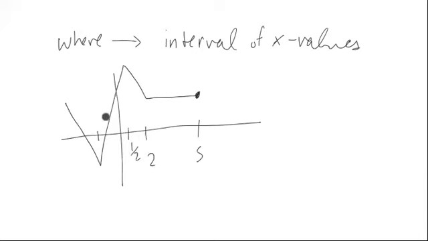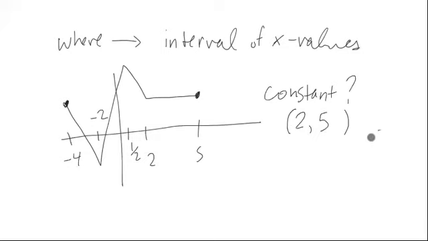Suppose that this point is -2, and suppose that this is -4. Then the question is, where is this function constant? To answer this, if we're talking about being constant or increasing or decreasing, let's always use open intervals with parentheses. So here, constant, notice it's from 2 to 5.